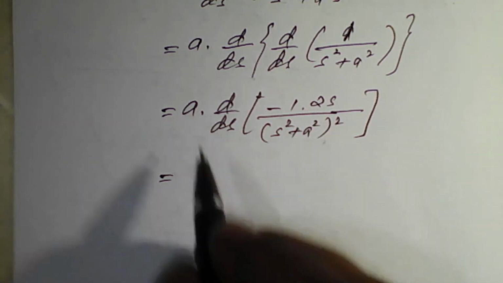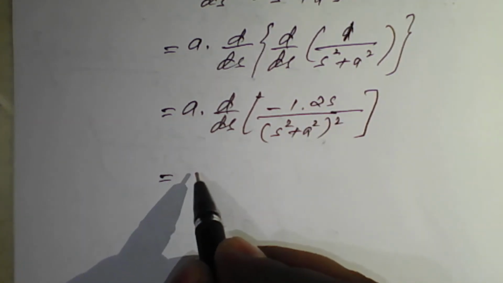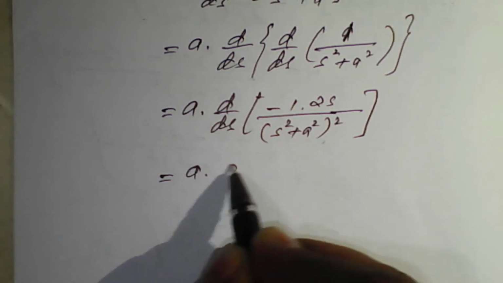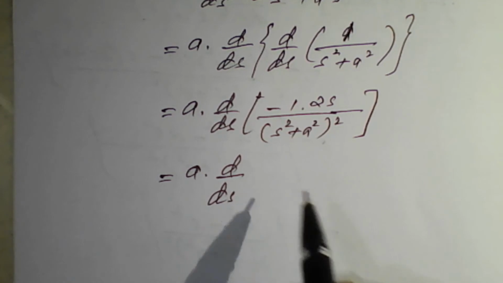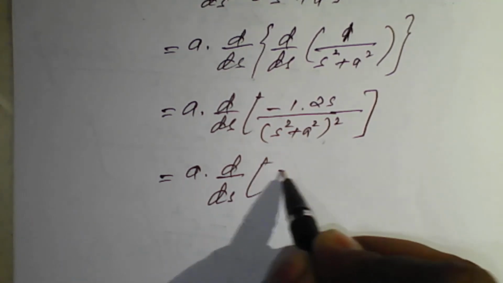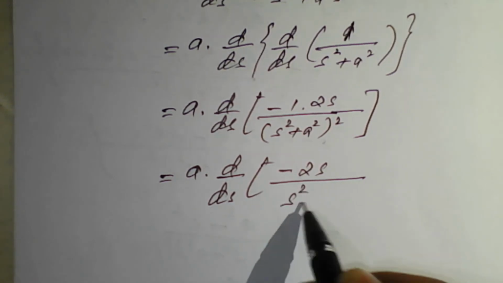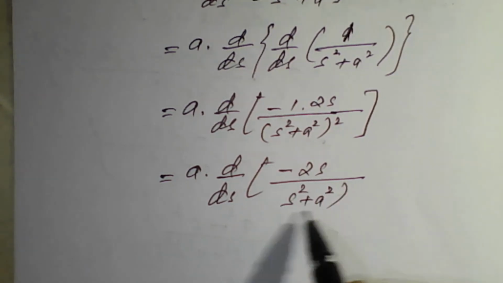So therefore this a as it is, d by ds of, we will get minus 2s divided by s square plus a square whole square.